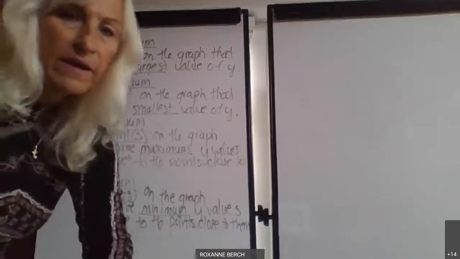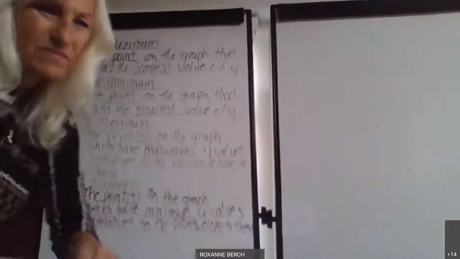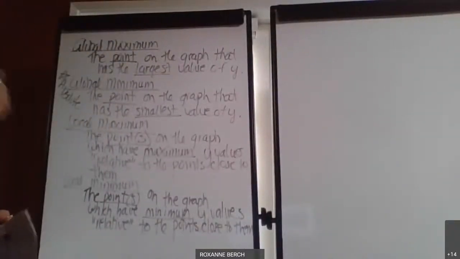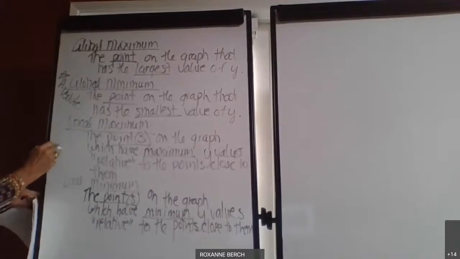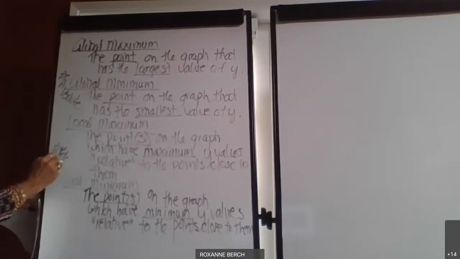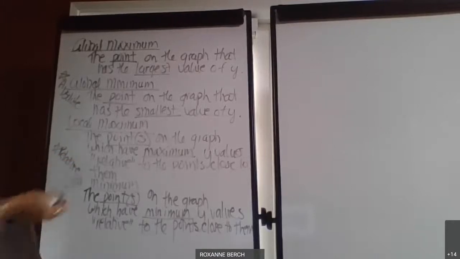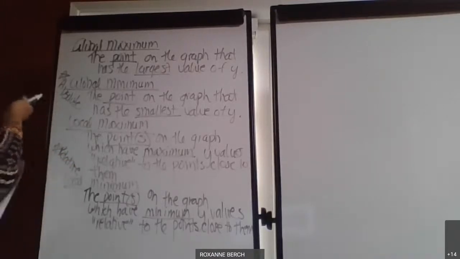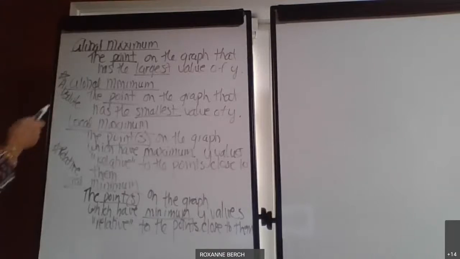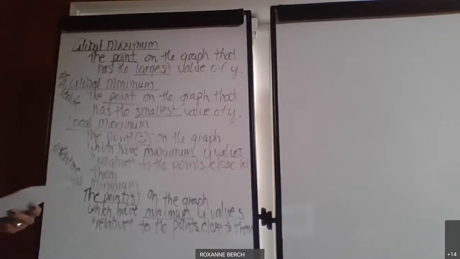Oh, a lot of writing. Can you guys see all that? And these are sometimes referred to as relative maximum and minimum. So like I said, sometimes you'll see the word global or absolute. Other times you'll see local or relative.